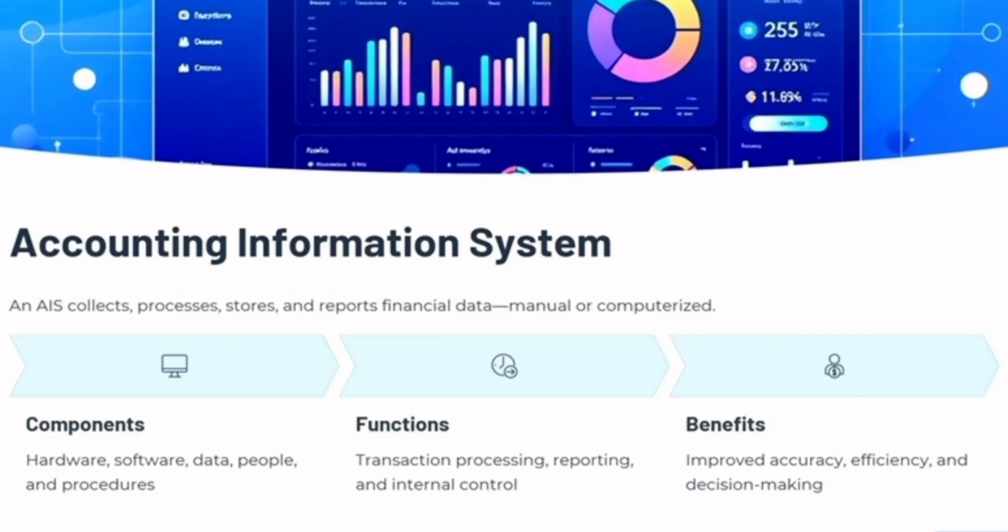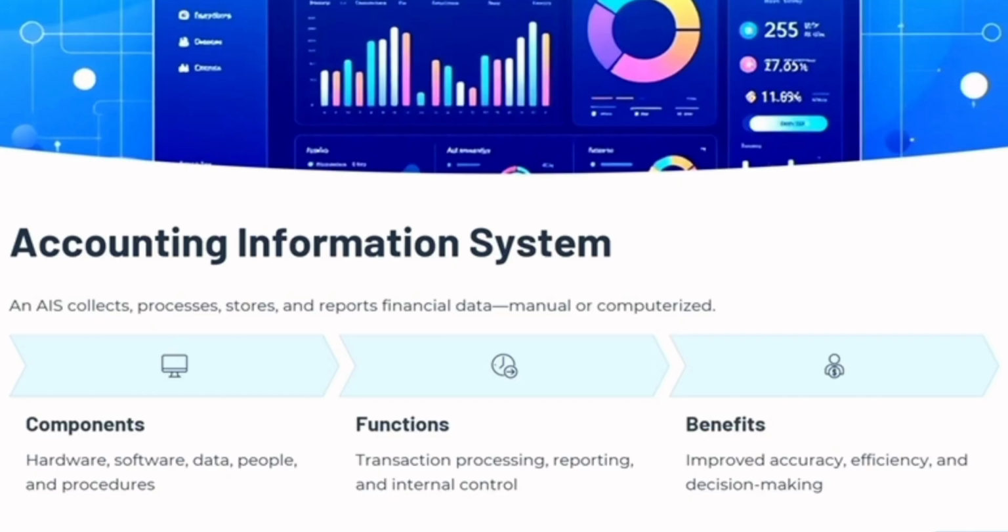AIS is built from several connected parts that work together to handle financial information. It starts with the people who operate the system, accountants, managers, data entry staff, and anyone who uses or inputs the financial data. Then comes the procedures and instructions, which guide how transactions should be recorded, processed and reported. The system also relies on data, which includes all the financial information related to sales, purchase, expense, assets, and liabilities.